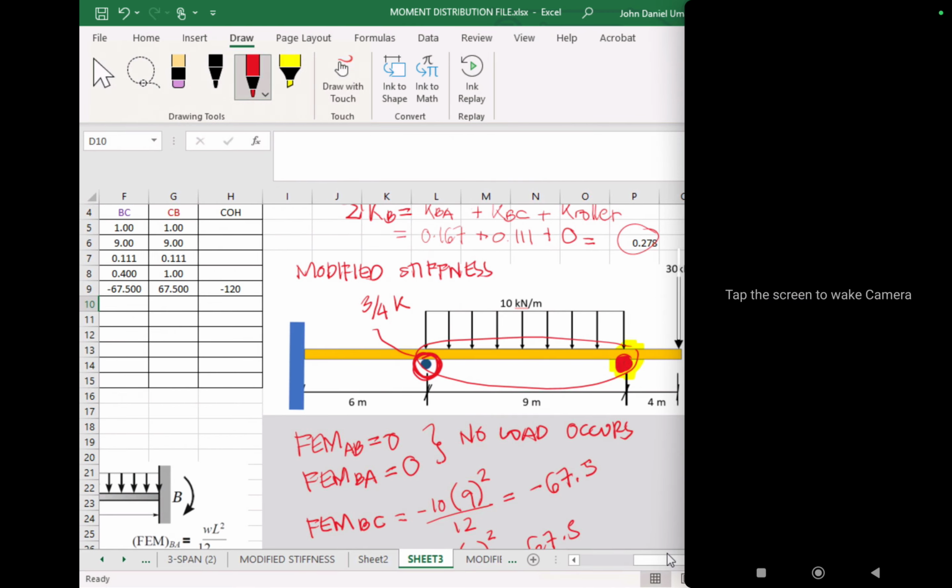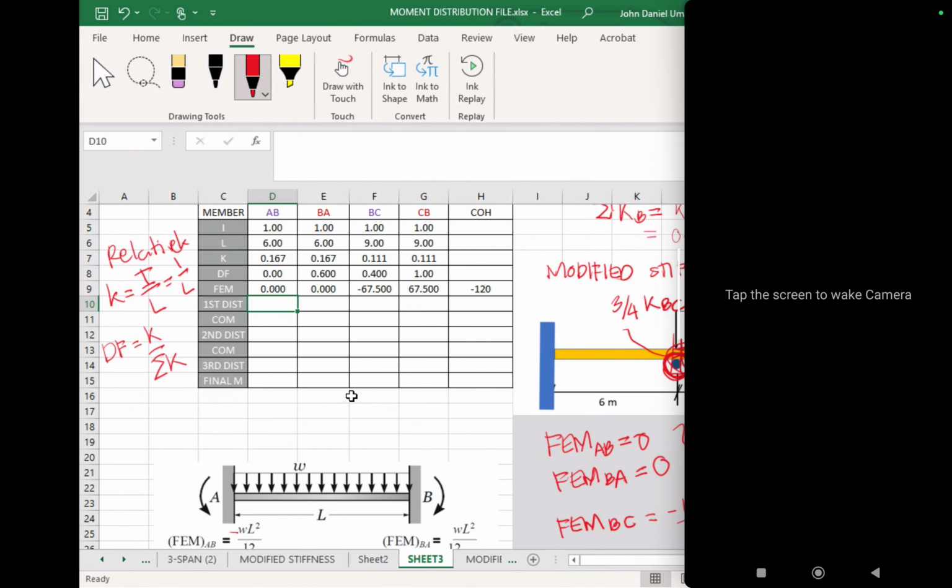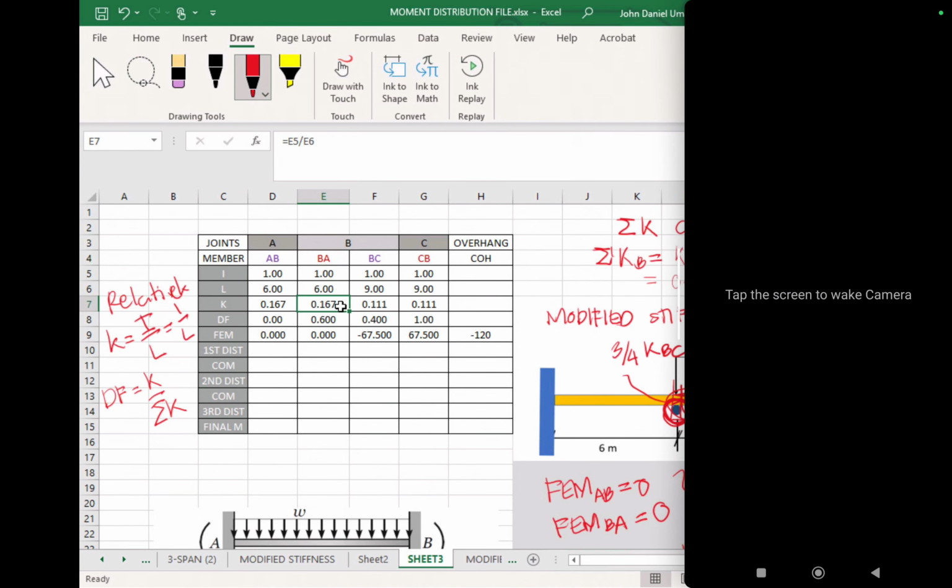So, 3/4. Sino yan? This is BC. So, KBC. Hindi KBA. Kasi in the context of BC tayo. This one. So, modify lang natin si KBC. Ito yun.